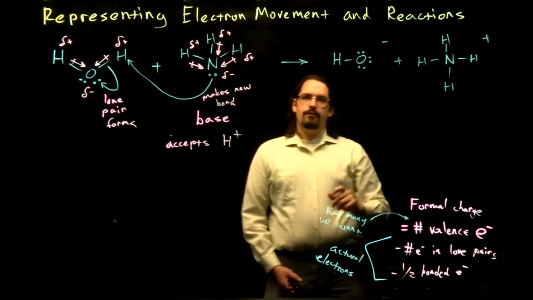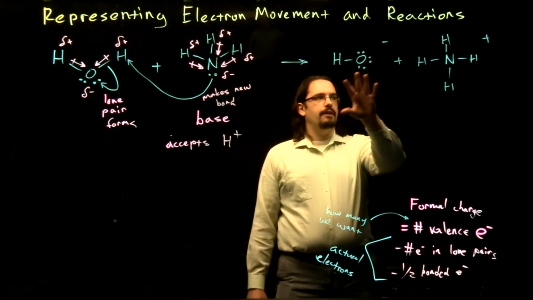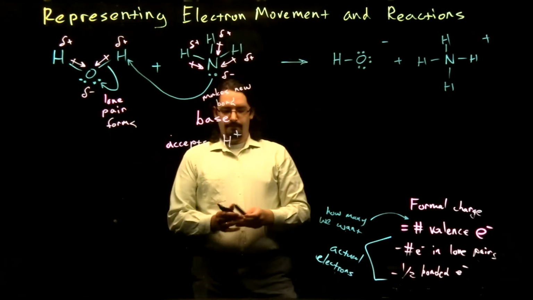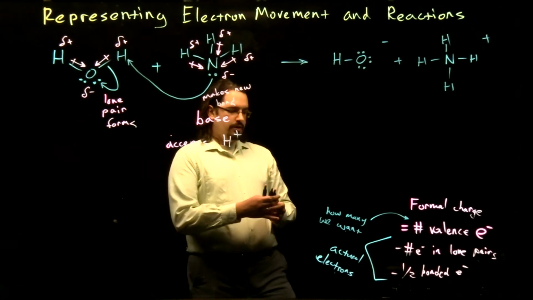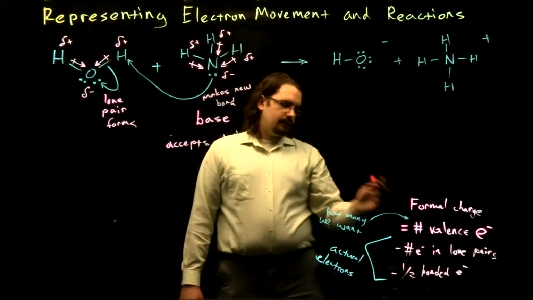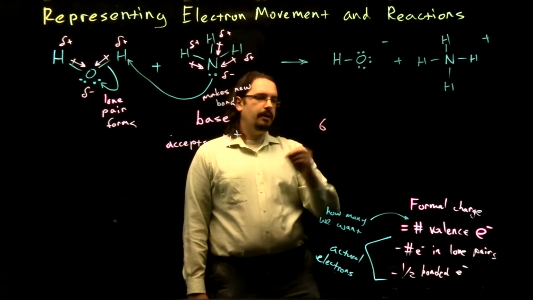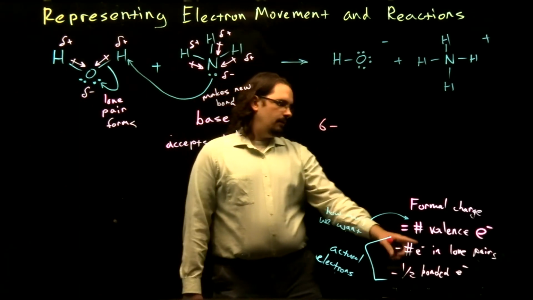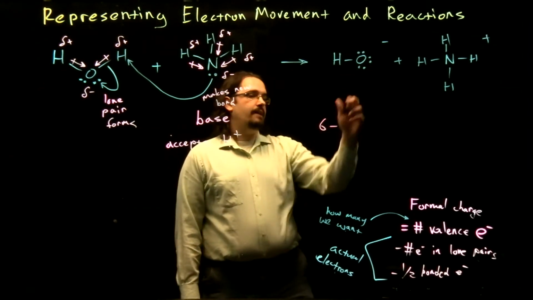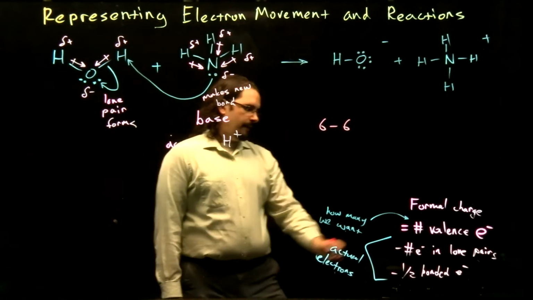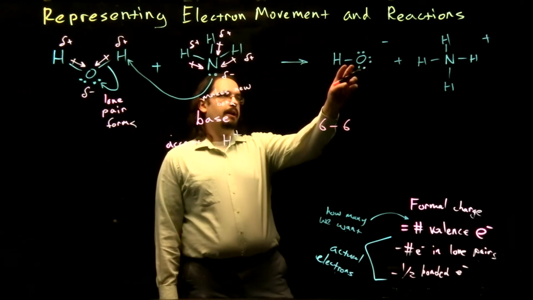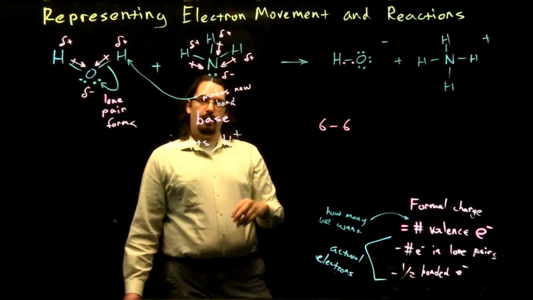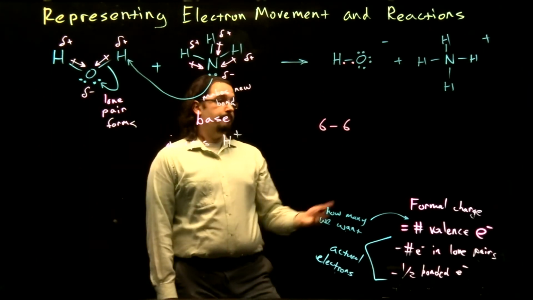Again, we can also use our formal charges, and we can look at the relative distribution of electrons in our products as well. So if we look at our oxygen, we have 6 valence electrons that we expect normally, and in oxygen we subtract the number of electrons in lone pairs, so we have 6 now in lone pairs, and then we subtract half of the bonded electrons, because we're assuming that these are equally shared, one on our hydrogen, one on our oxygen.